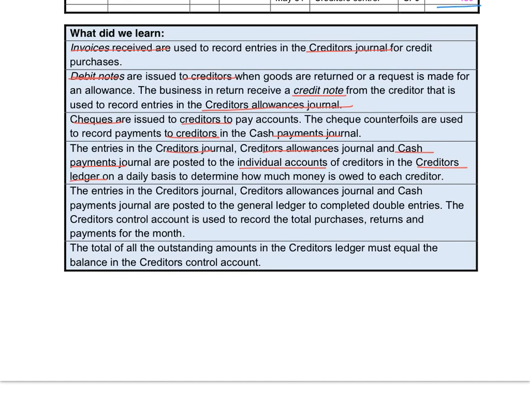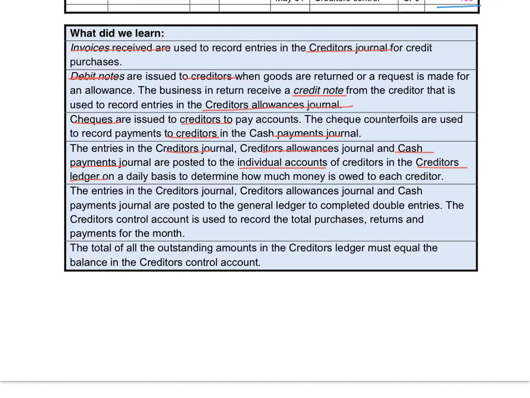Because some of them can charge interest if you don't pay within a certain time, so you want to prevent those extra expenses and pay in time. Or other creditors can allow additional discount if you pay in time, so you want to benefit from the quick payment so that you can get that additional discount.